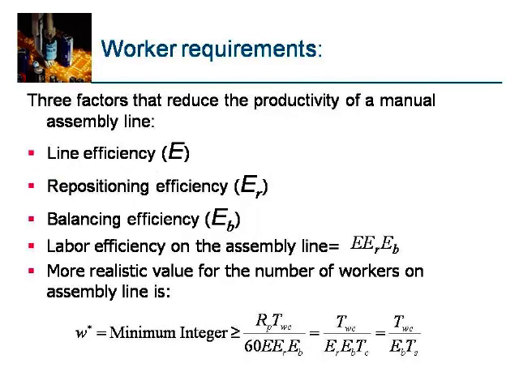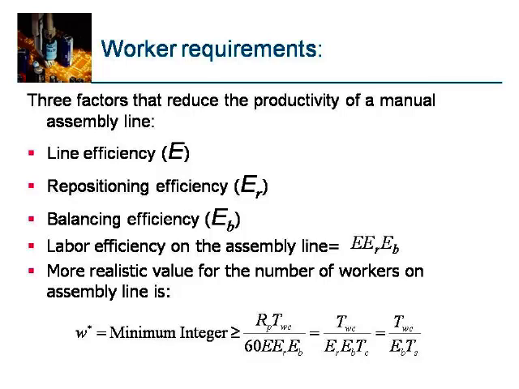The three factors that reduce the productivity of a manual assembly line are line efficiency E, repositioning efficiency ER, and balancing efficiency EB. Labor efficiency on the assembly line is the product of E, ER and EB.